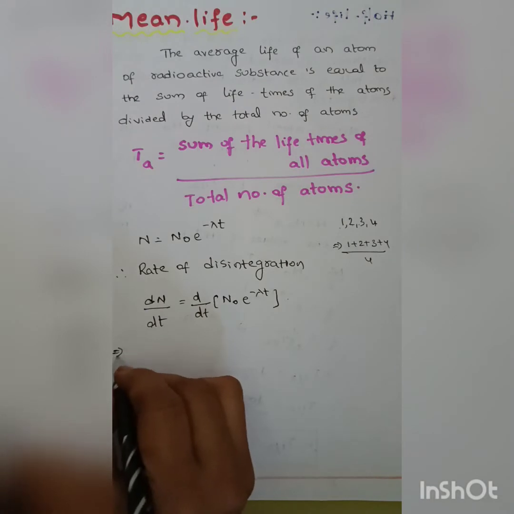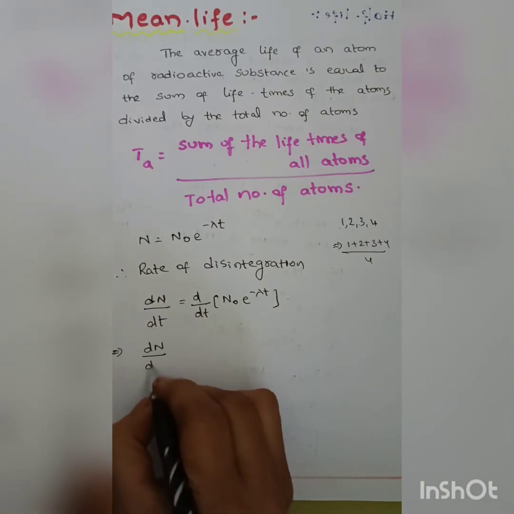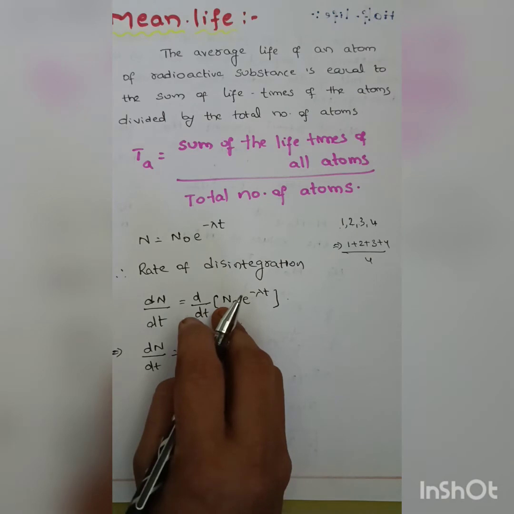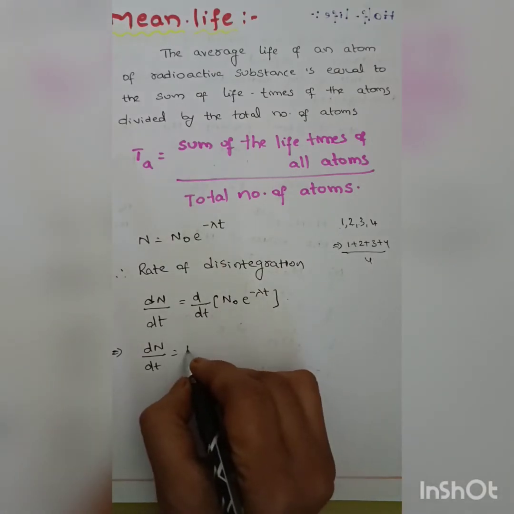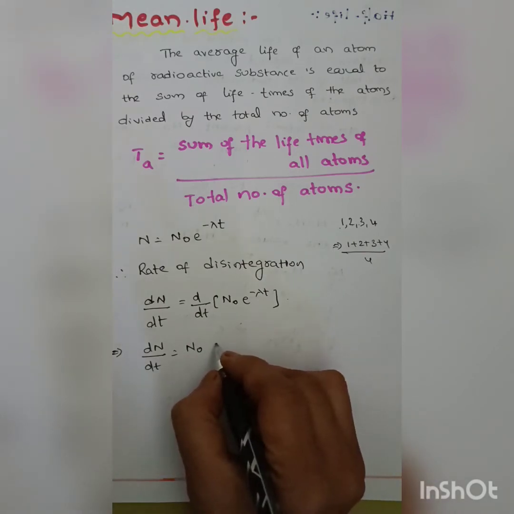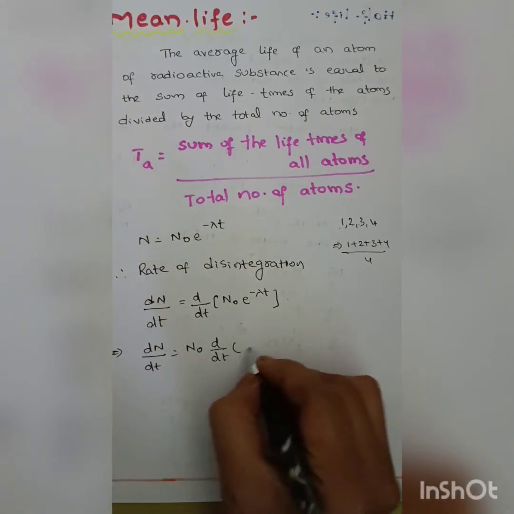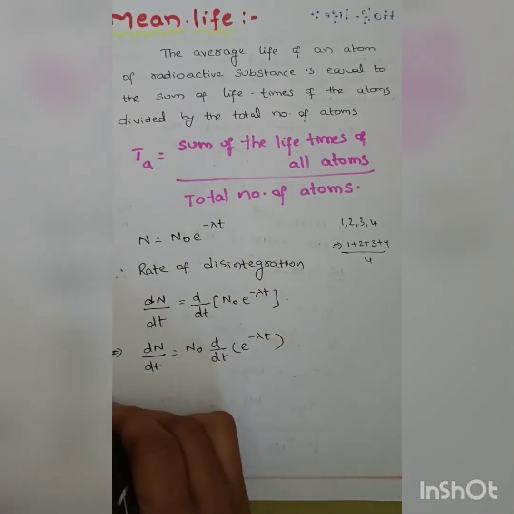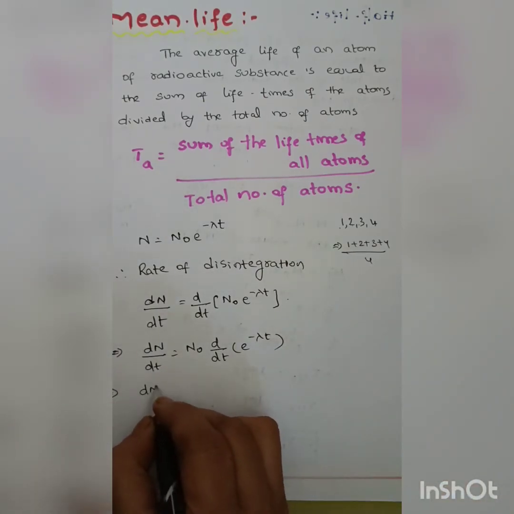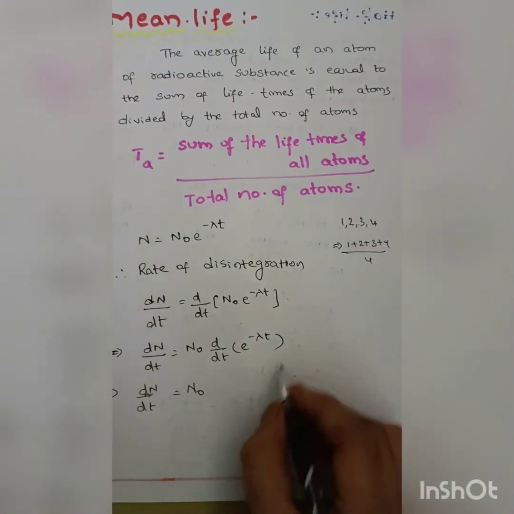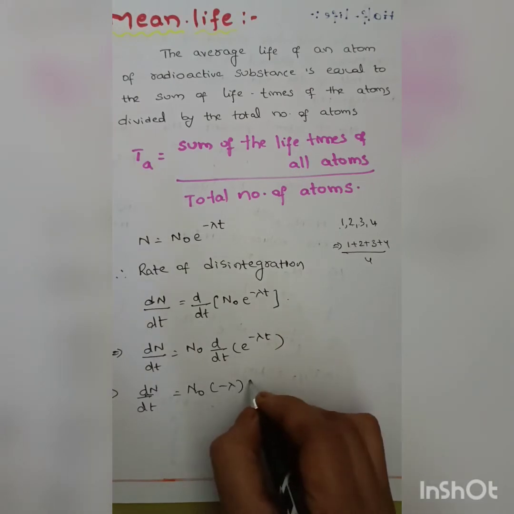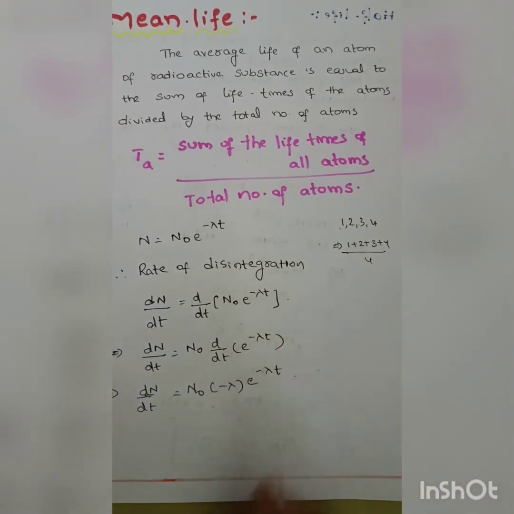Here N naught is the number of atoms at the initial time, which is a constant. So we can write this as N naught into d by dt of e power minus lambda t, which is equal to N naught times minus lambda e power minus lambda t.